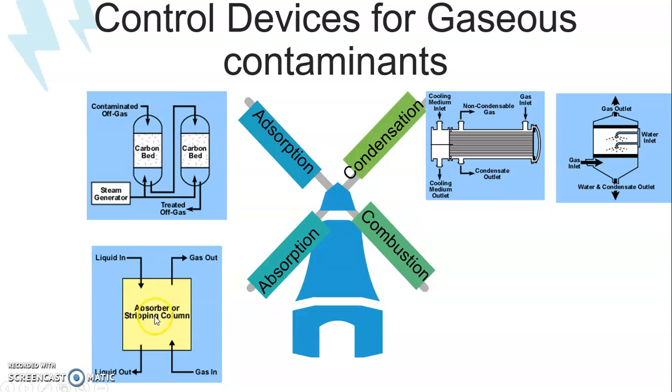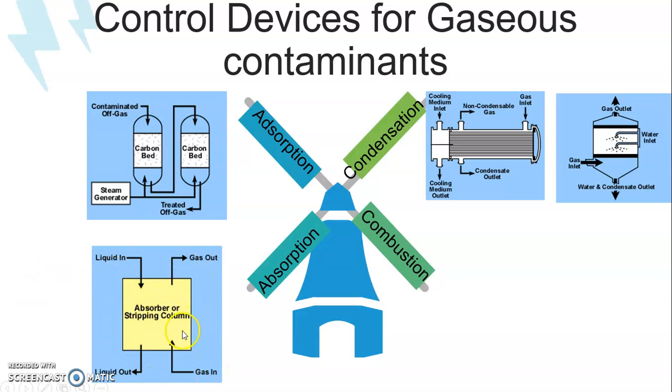The second one is using an absorber. It functions like a scrubber, but the scrubber just now was to strip particles, whereas in this case we want to absorb the contaminants that come from the gas. This is your gas in.